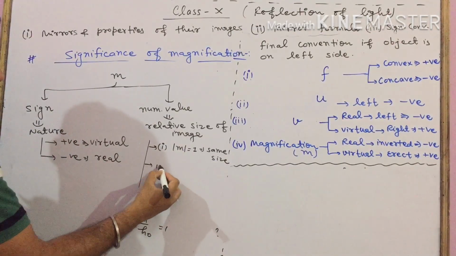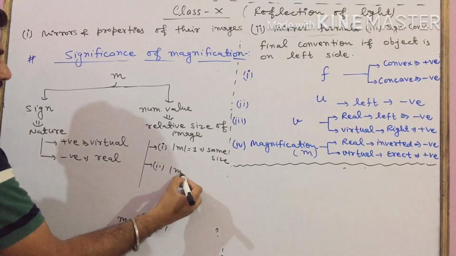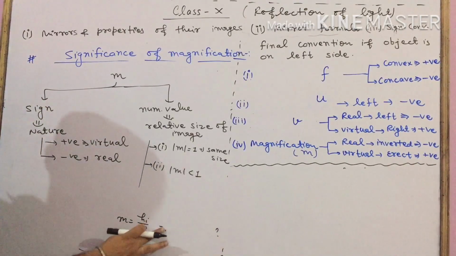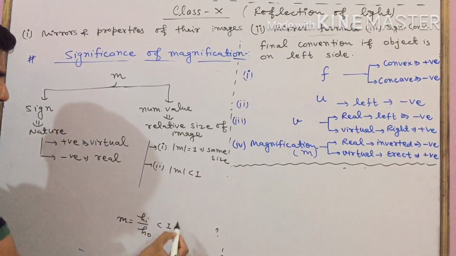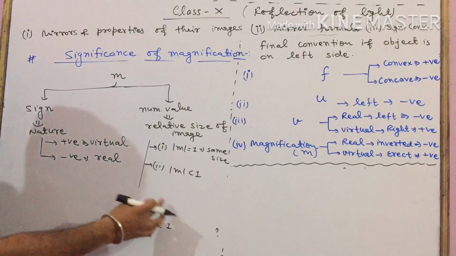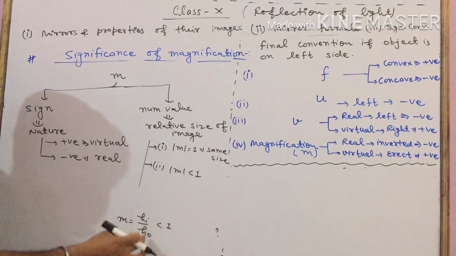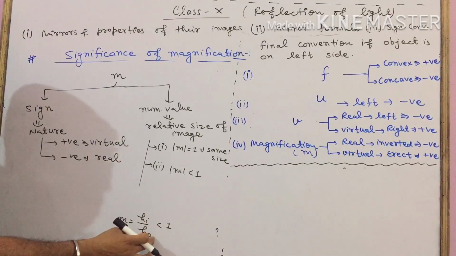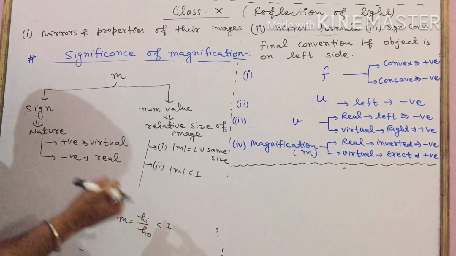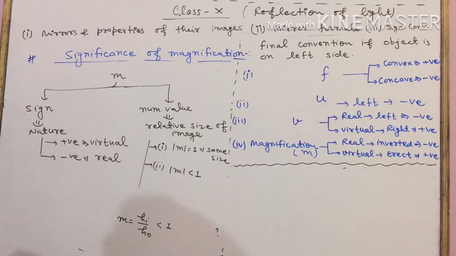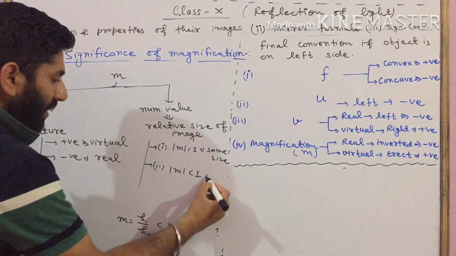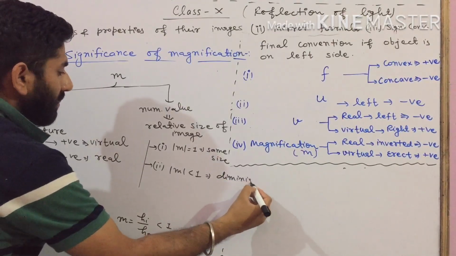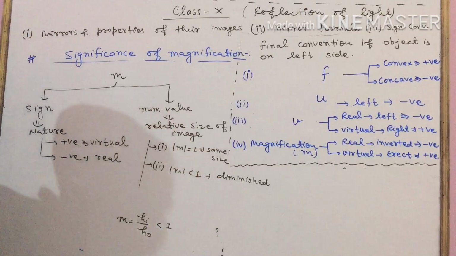The second case is that the numerical value of magnification might be less than 1. If magnification is less than 1, what does it mean? This ratio will be less than 1 if the numerator is less than the denominator. It means hi will be less than ho, so the height of image will be less than the height of object. So magnification less than 1 indicates that the image formed is diminished in size.